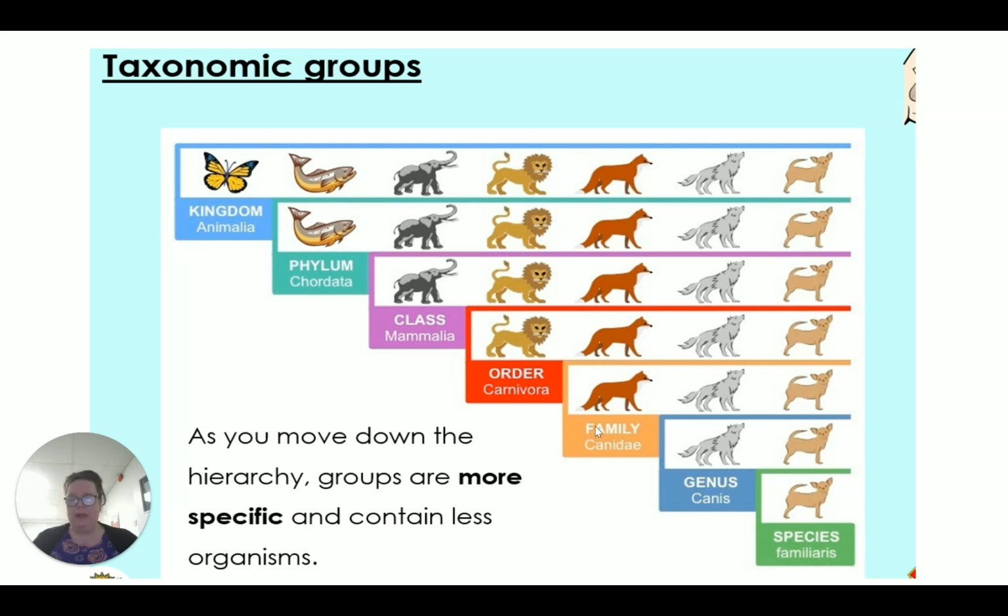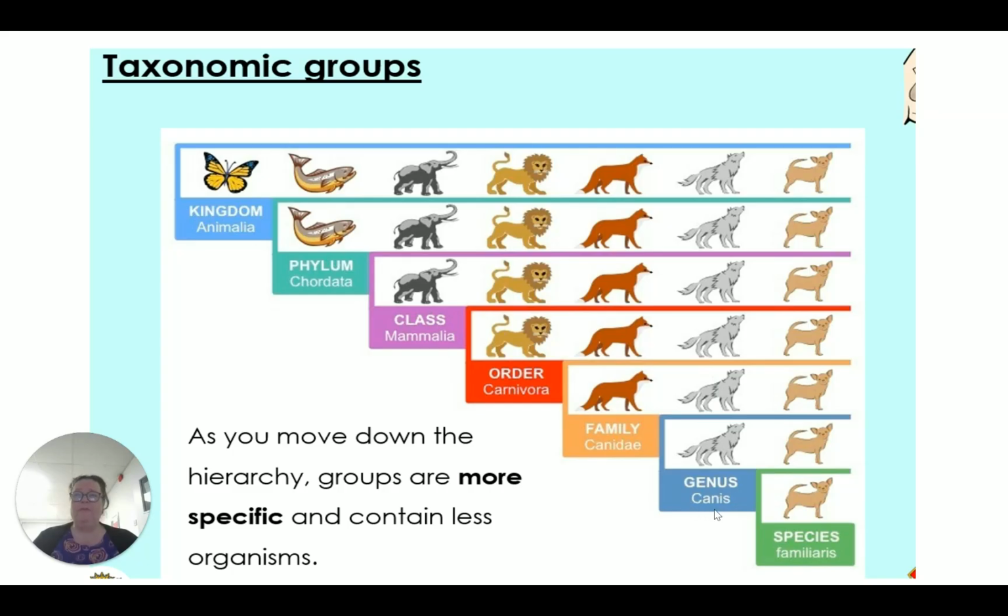Now you don't have to remember these, but it's good to kind of understand how it works. Canidae, so I think we've got a fox, a wolf and a dog in this one. Now they're not all the same species, but they're still quite close. And then if we go down to genus, we've got the wolf and the dog, and the genus is called Canis.